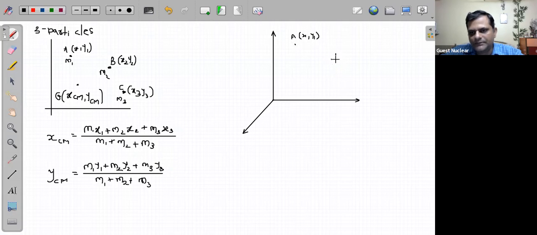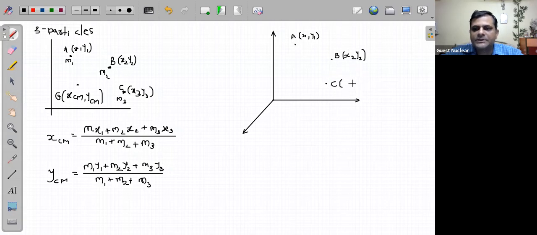B is already there, whose coordinates are going to be x2, y2. And this third point particle is going to be C here.